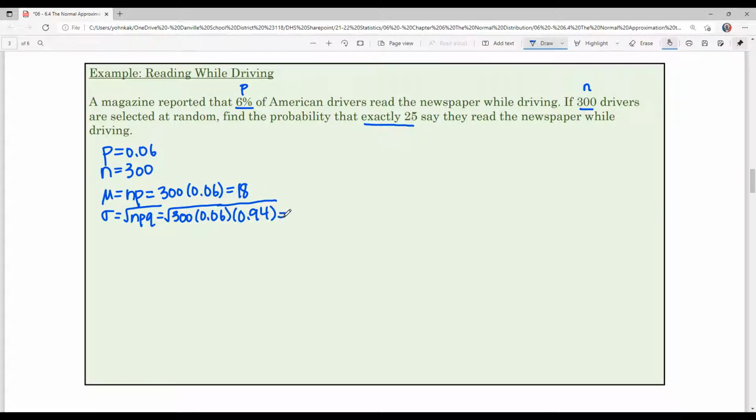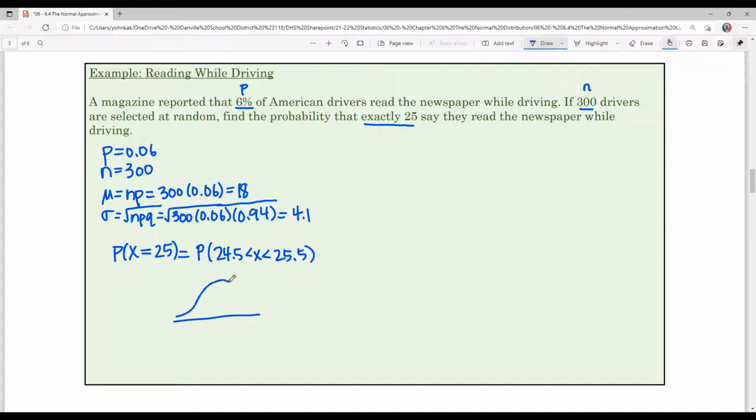If I calculate this and round to one decimal, we get 4.1. So I want to find the probability that x is exactly equal to 25. According to the binomial and the normal approximation, this is actually going to be the probability that my x value is between 24.5 and 25.5.